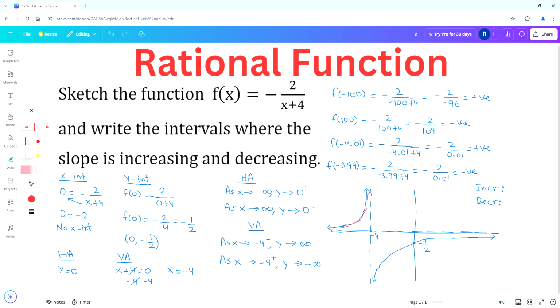We can see all of these tangent lines have positive slope, and as we go from left to right along the curve, the slope of the tangent lines increases. So the interval where the slope is increasing is from -infinity to -4. We can also write this interval as x is less than -4.